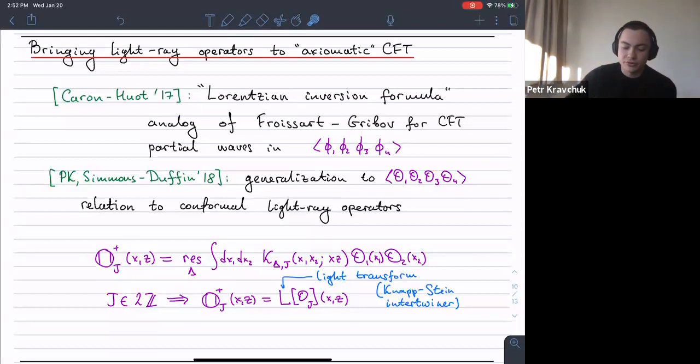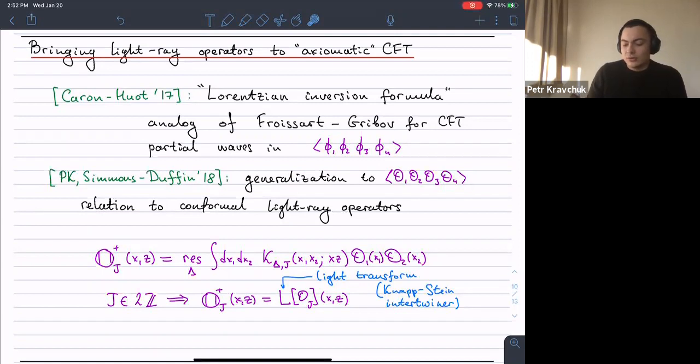So the progress started with this paper by Kravchuk in 2017, where he derived an analog of the Froissart-Gribov formula for conformal field theories, which gives an analytic continuation of partial waves of conformal 4-point functions in spin. And what we found in our paper from 2018 is that there is a natural generalization of this formula to general correlation functions, which is very suggestive.